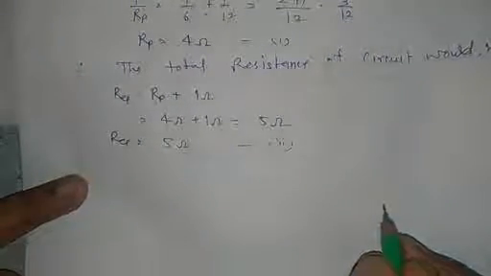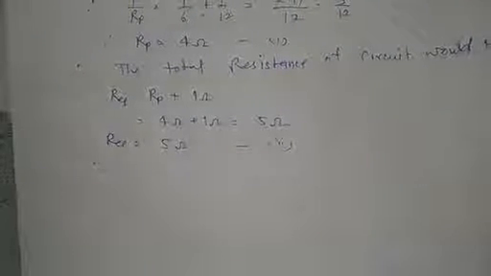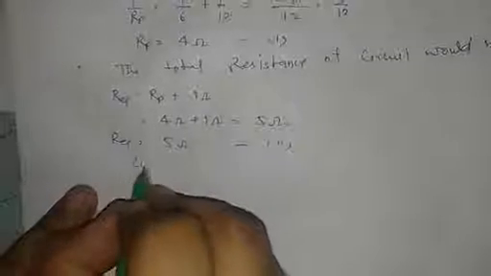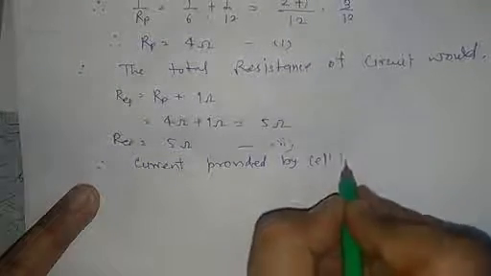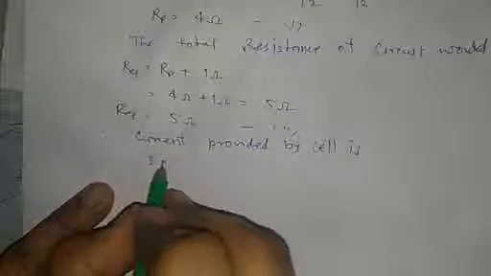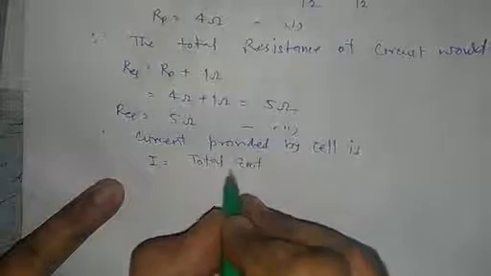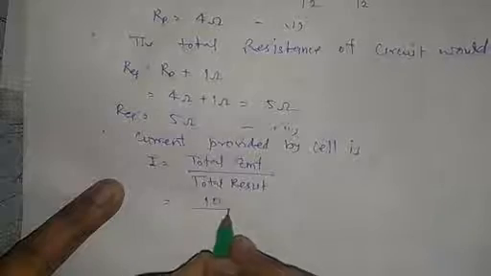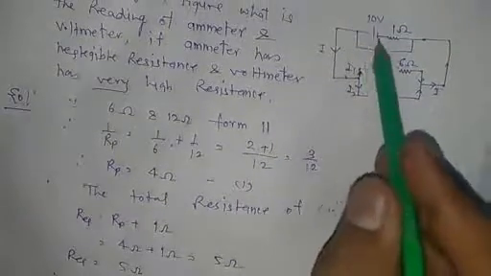Therefore, the current provided by the cell is I equal to total EMF upon total resistance of the circuit. Since the cell is of EMF 10 volt, the total EMF would be 10 volt.